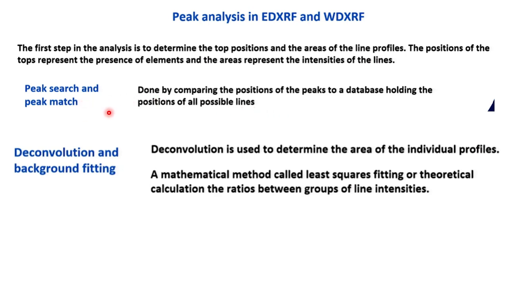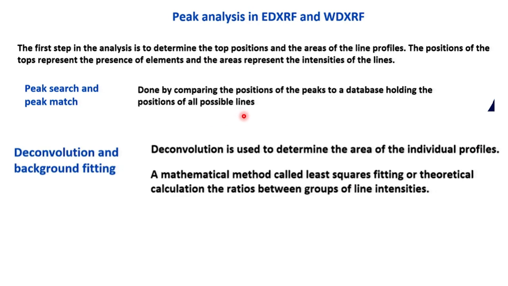So for peak search and peak match, you need a database. For example, when you are matching XRD data, you have the database where you check the card number, JCPDS card number, for each and every material.